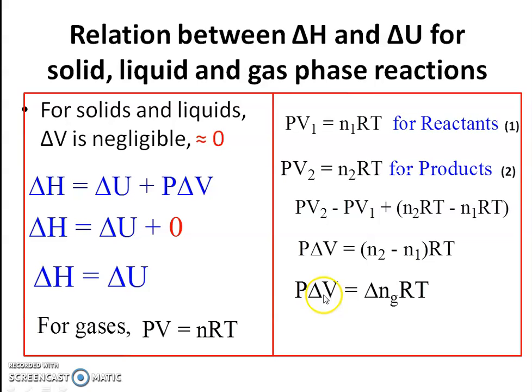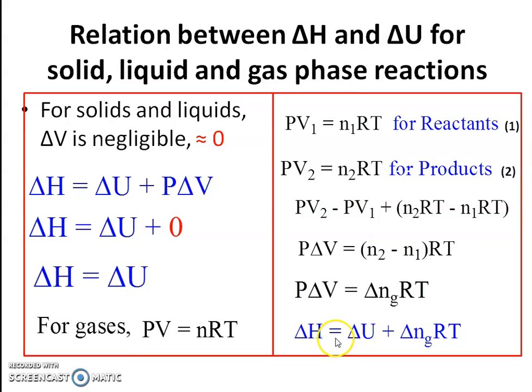Now as P delta V is equal to delta nRT, the equation delta H is equal to delta U plus P delta V becomes delta H is equal to delta U plus delta nRT. So this is for the gases.